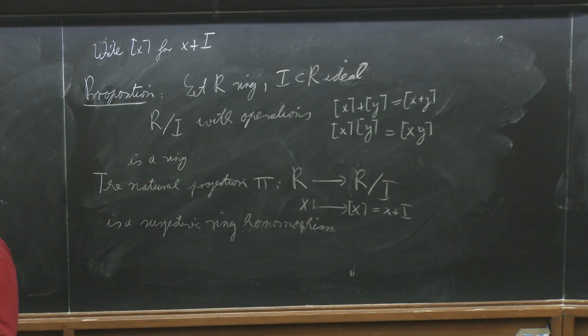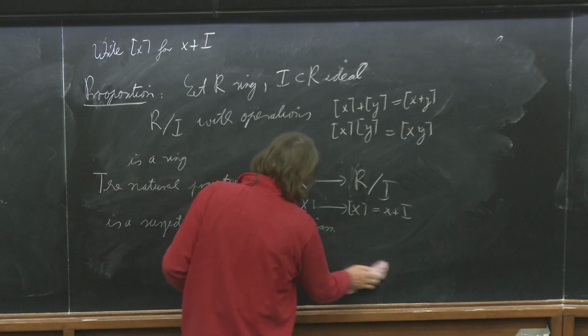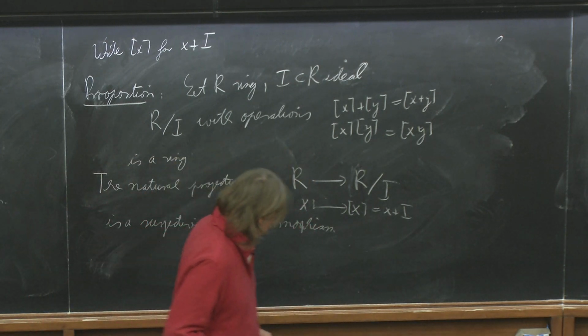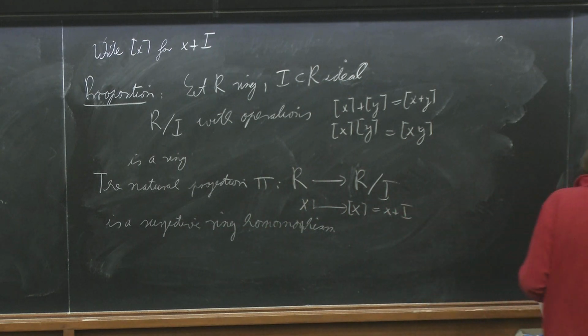Okay, so there's not much. We basically only have to see, like we had in the case of the quotient by a normal subgroup to get the quotient group, that the multiplication is well defined.